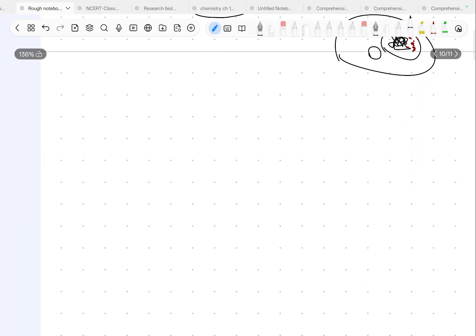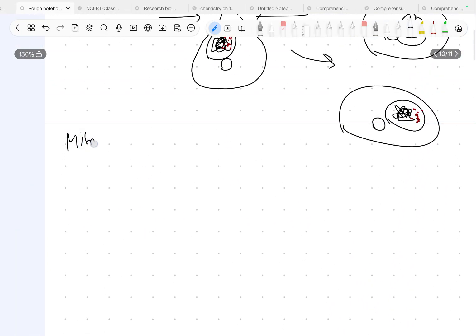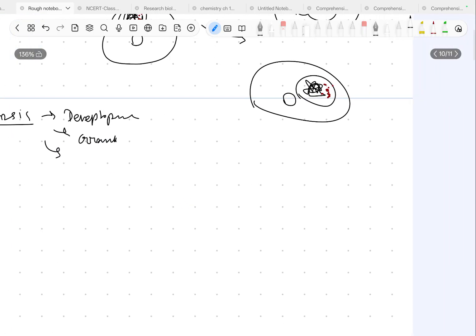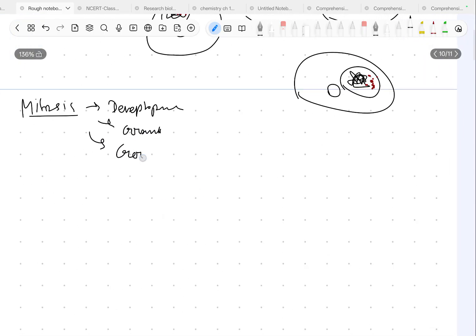Remember one thing, mitosis is for development and growth purpose. It actually occurs in the germinal cells.